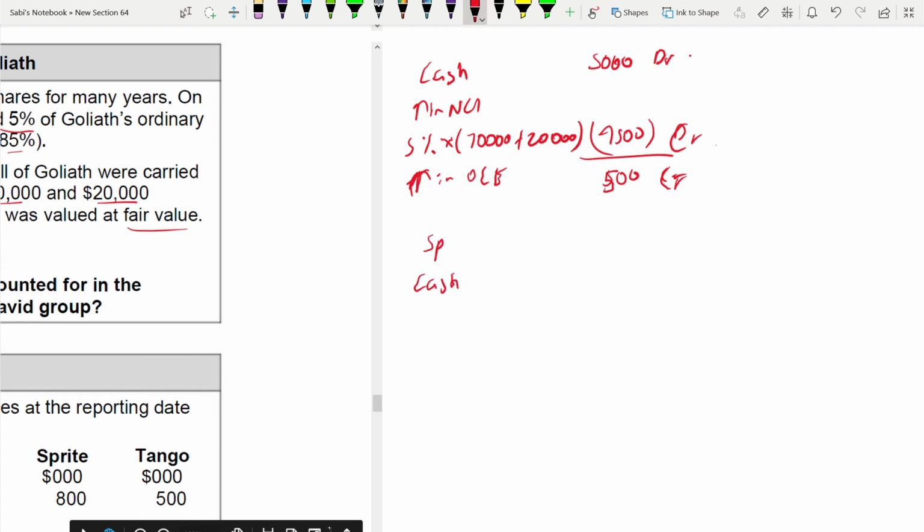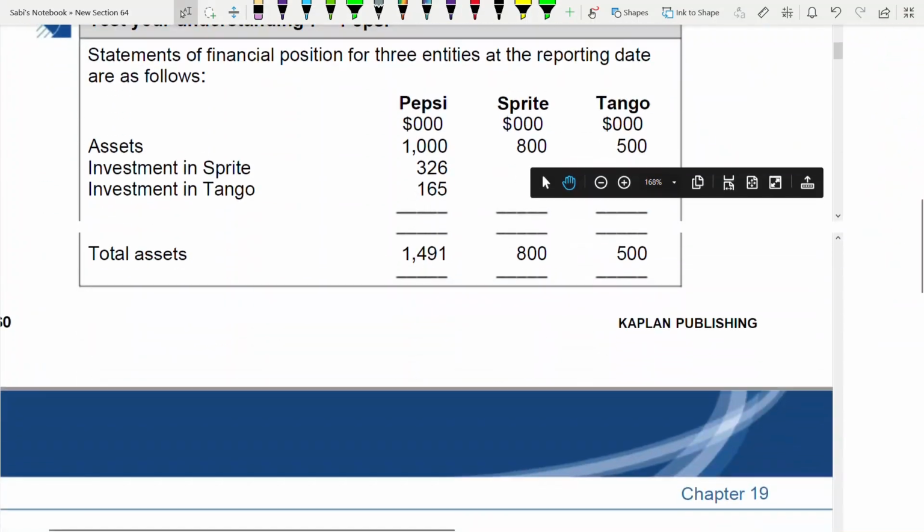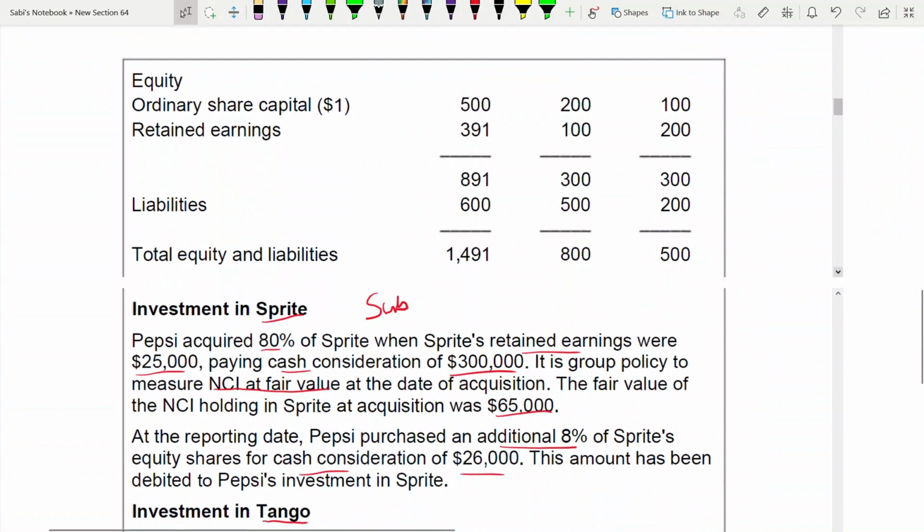This is for Sprite. You bought it for how much? 26,000. It's a credit balance because it's cash paid. Remember, which cash are you applying? You need to be very careful in this one. It is not the 300,000. It is this 26,000.